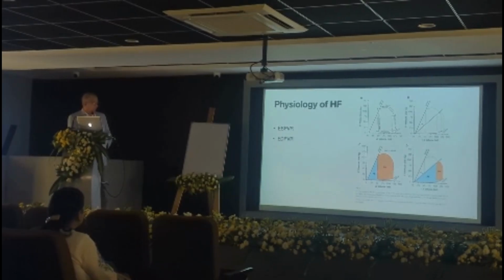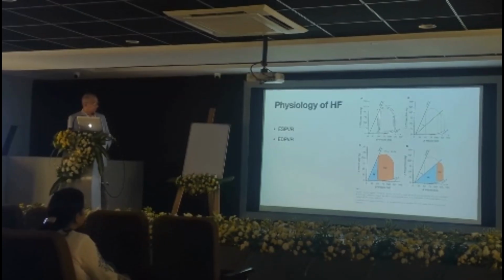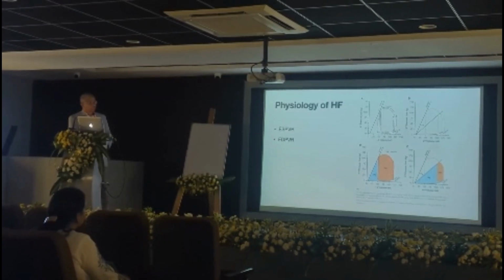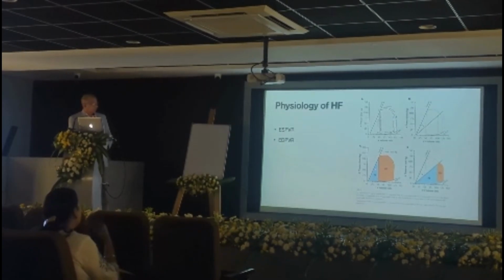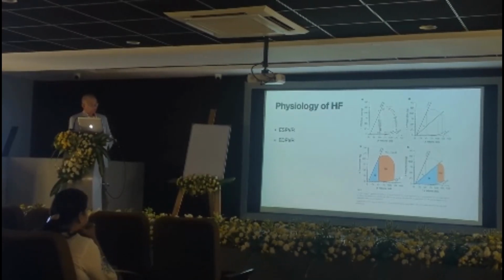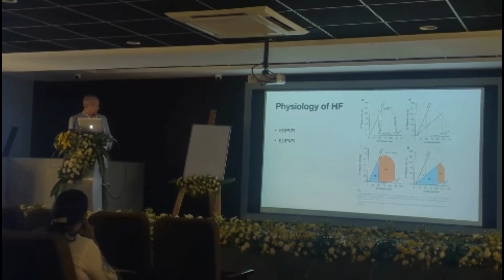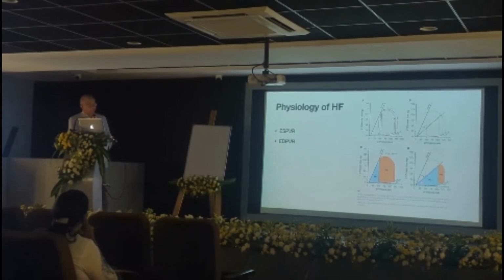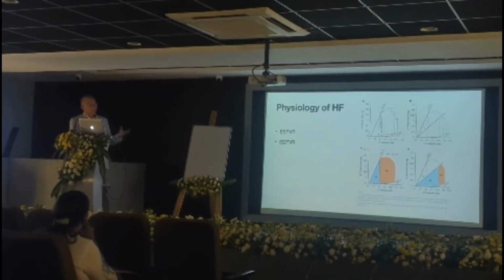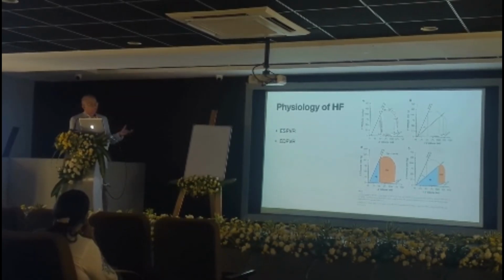If we can see, this is called the potential energy, the area in between the graph, and this is the stroke work of the heart. In a heart failure, the myocardium is weak and it is not getting the blood supply. Most of the potential energy is going to the heart muscle for its relaxation and contraction, because the heart has become stiff.